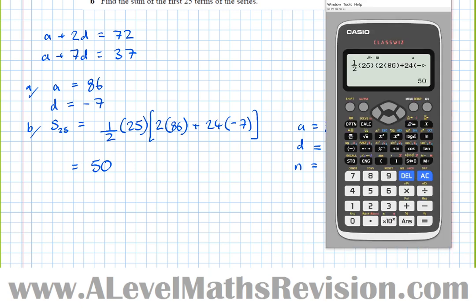Again, to check that in the calculator, use the sum. So it was a plus (n minus 1) times minus 7 is the nth term, a plus (n minus 1)d. We want all the terms from 1 up to 25. Yeah, 50.